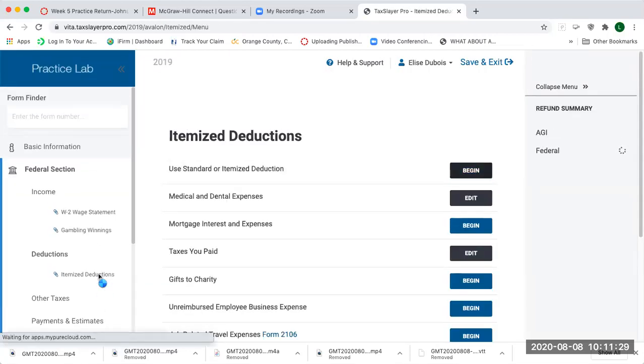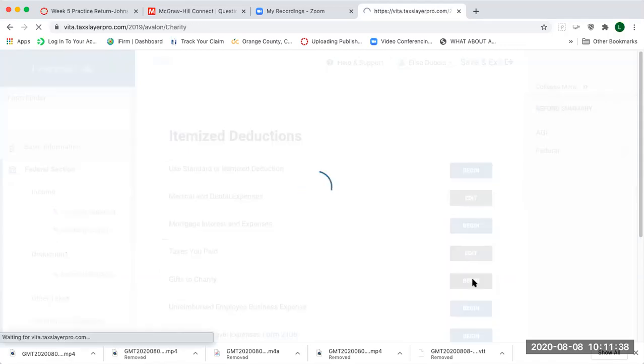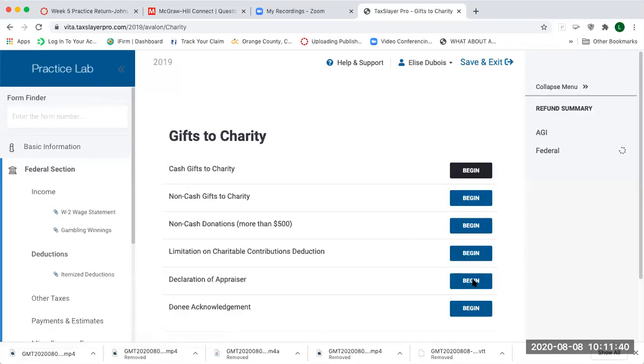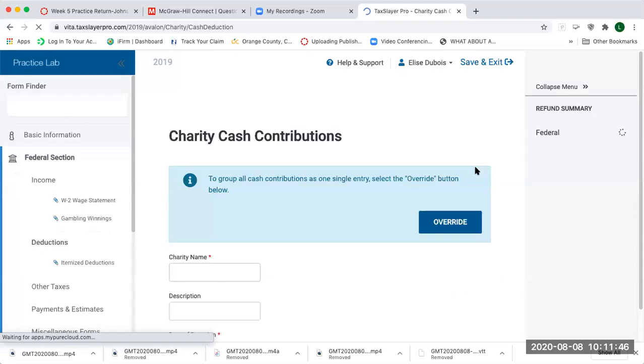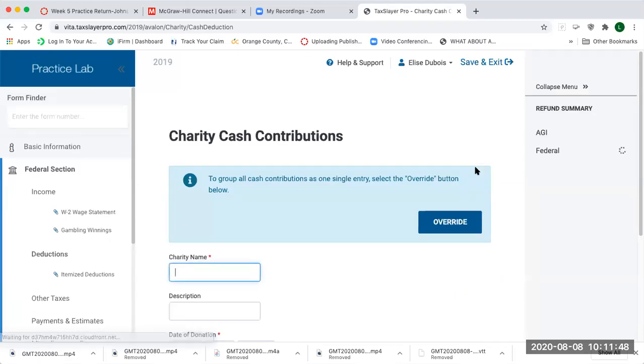And click on itemized deductions again. Then we have the charitable cash contribution. So gift to charity right here, right? Cash gift to charities. So we weren't given a name of the charity.